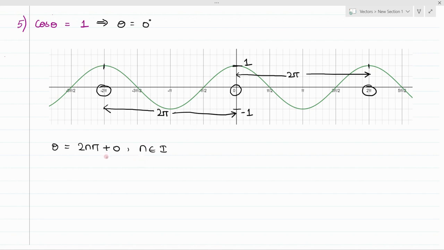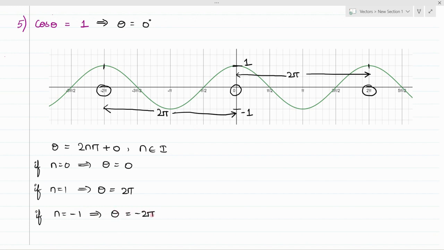Let's verify this, or let's check whether this solution is correct or not. If n is 0, theta becomes 0. This is true because this is the basic solution we know. If n is 1, theta becomes 2 pi. Is this correct? Yes, this is correct because from the graph cos 2 pi is also 1. Similarly, if n is minus 1, theta becomes minus 2 pi. Is this correct?